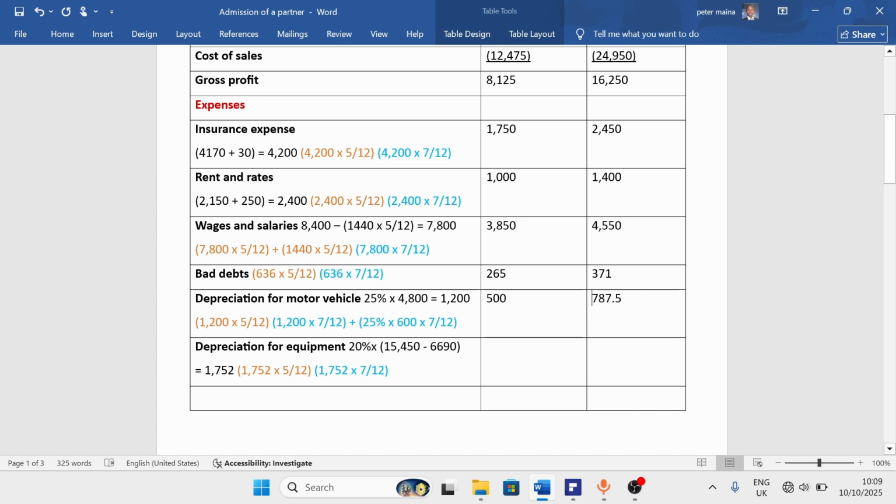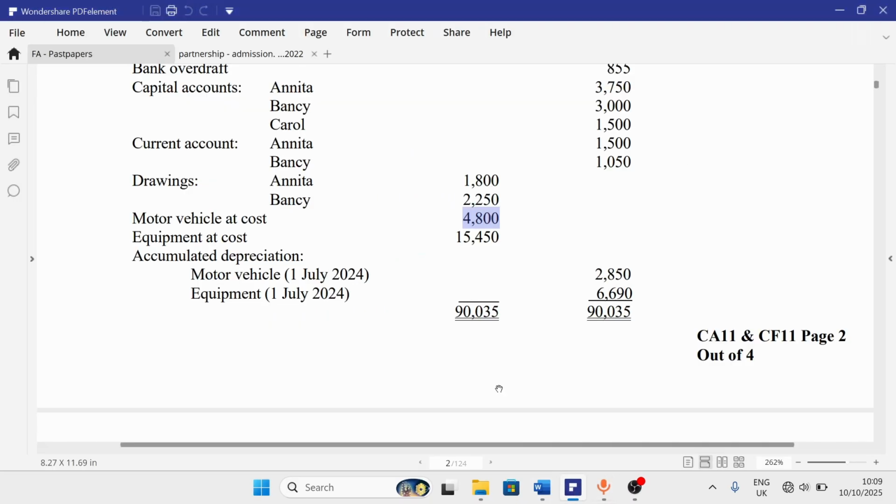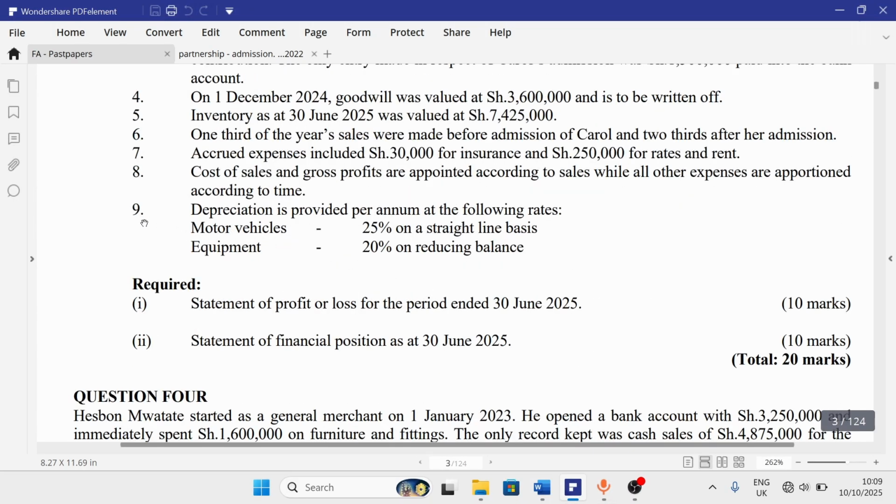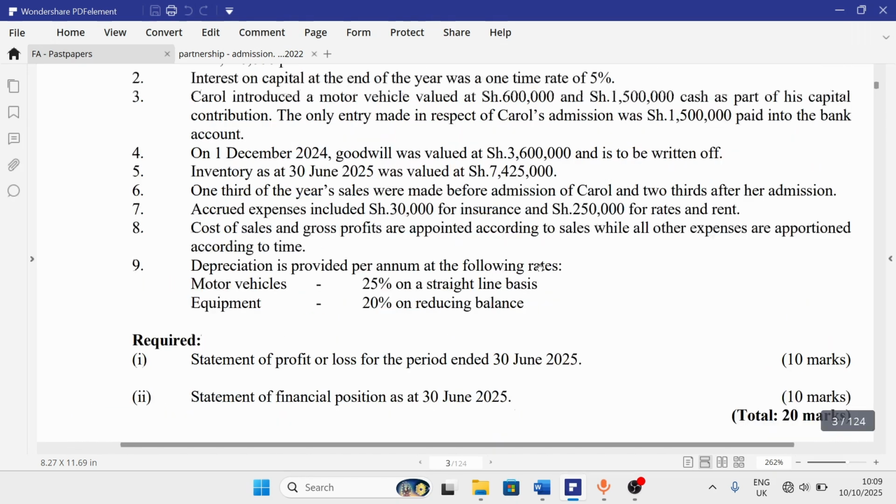So next, let us calculate depreciation for equipment. In the question, in additional information number 9, the rate of depreciation for equipment is 20%, and it is calculated on reducing balance method. So reducing balance means you multiply the 20% with the net book value of equipment.